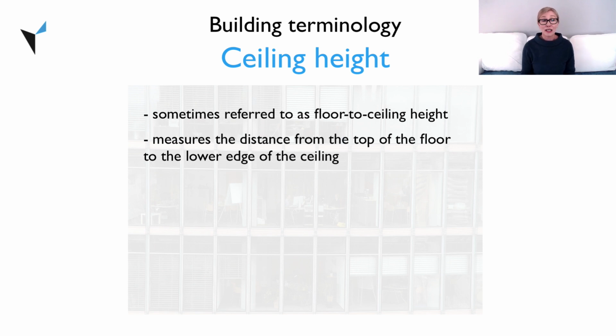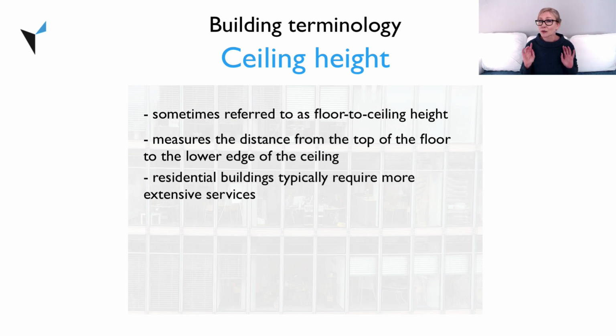The ceiling height in residential buildings tends to be lower than in commercial buildings because commercial buildings typically require more extensive services like wiring for industrial lighting, a large number of computer workstations, and more extensive climate control. However, some residential spaces, like loft apartments, can have very high ceilings.